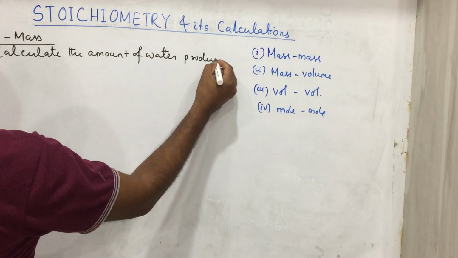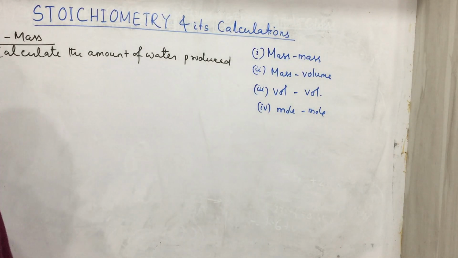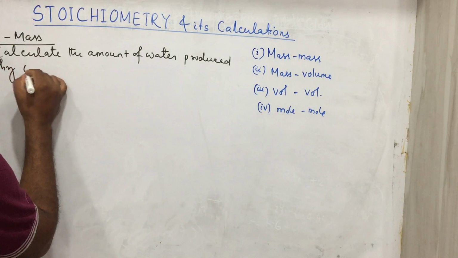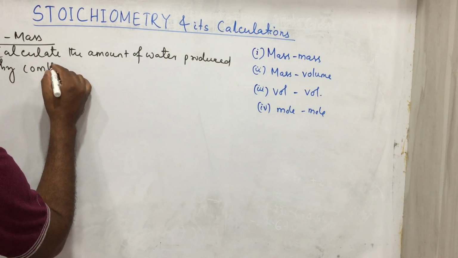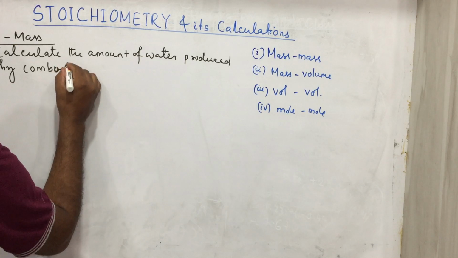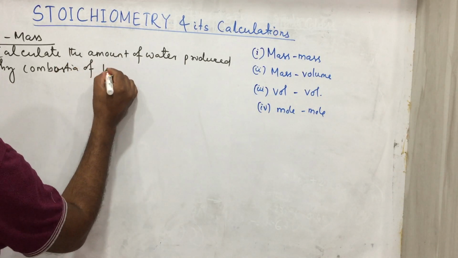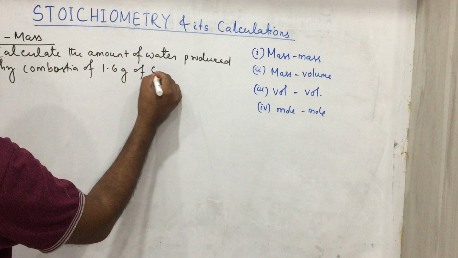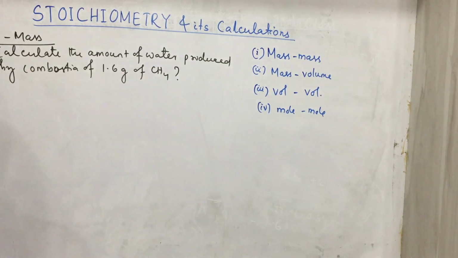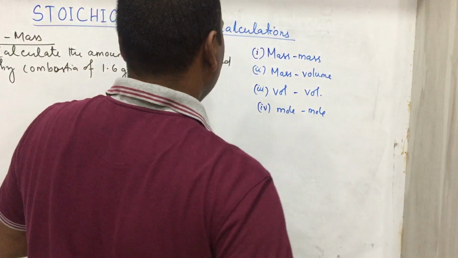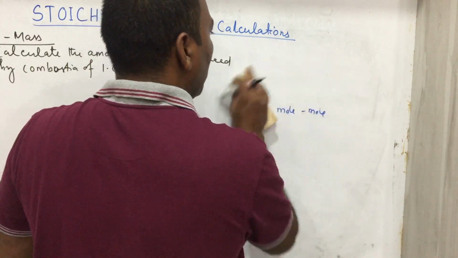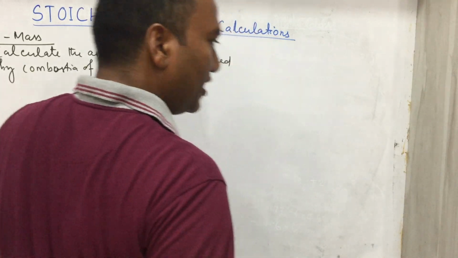Calculate the amount of water produced by combustion of 1.6 gram of methane.